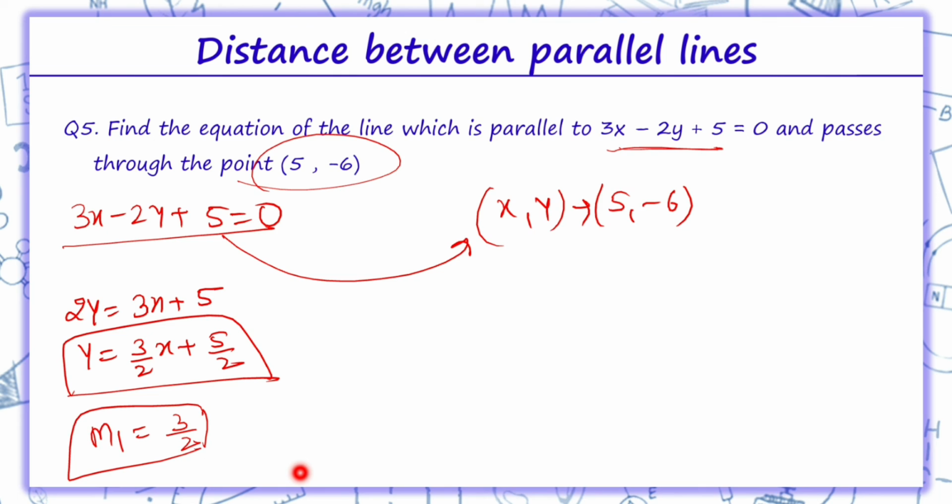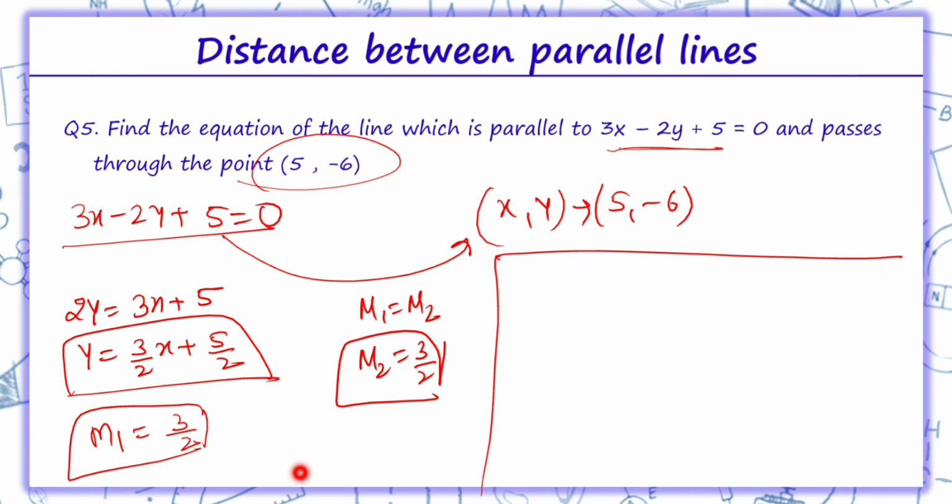Now since we have to find the equation of line which is parallel to this line, and m1 is 3 by 2, m1 is equals to m2 in case of parallel lines. So m2 will be 3 by 2. Now since we have got slope also, we have got point also. So substituting the values, that is y minus y1 is equals to m into (x minus x1). y1 is over here minus 6, so we'll write plus 6.